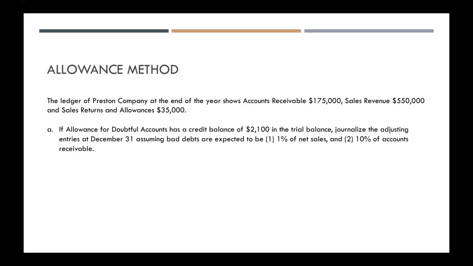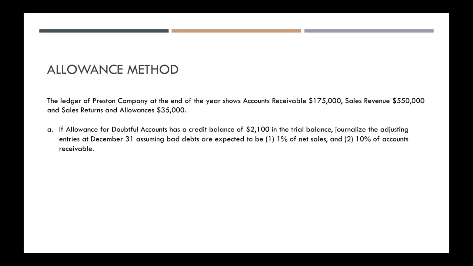So it says the ledger of Preston Company at the end of the year shows accounts receivable with $175,000, sales revenue $550,000, and sales returns and allowances $35,000.